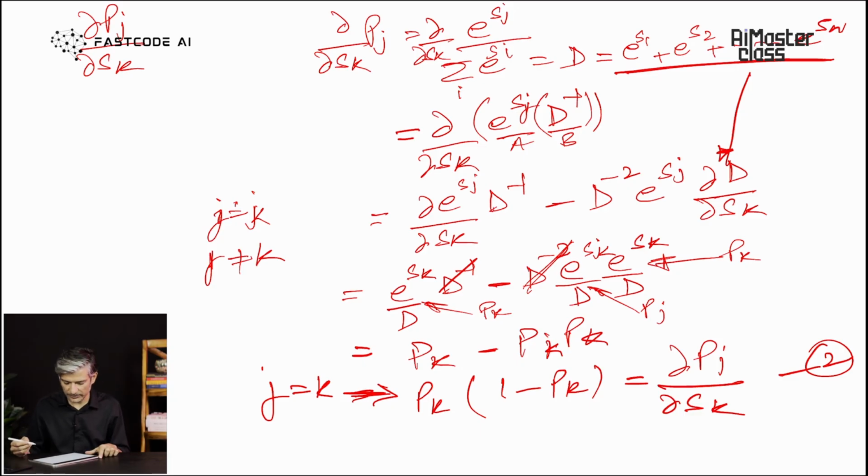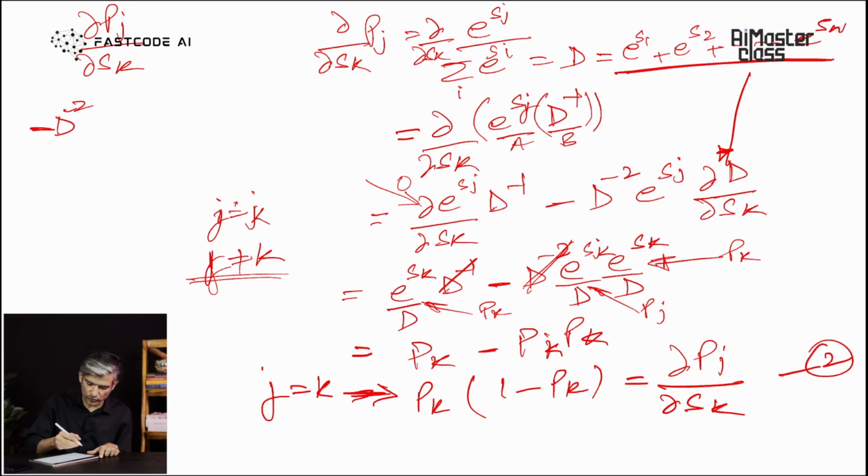Because most of the steps are common, right? So what happens is, now we are saying when j is not equal to k, we are taking this case. So now when sj is not equal to sk, right? The first term here in this case becomes 0, because there is no contribution here. Because my j is not equal to k, I only get the second one, which is d to the power minus 2, and we get simply e to the power sj and e to the power sk, right?